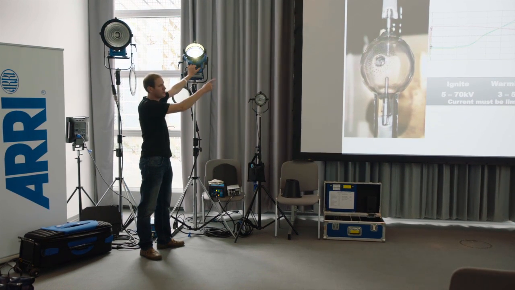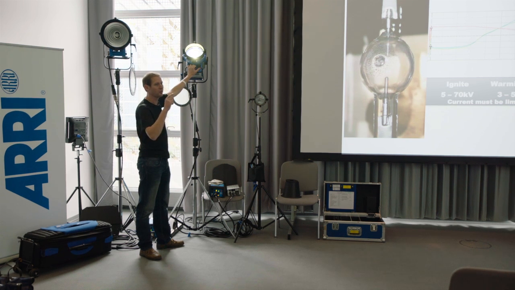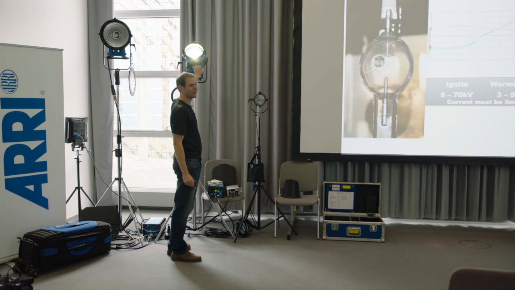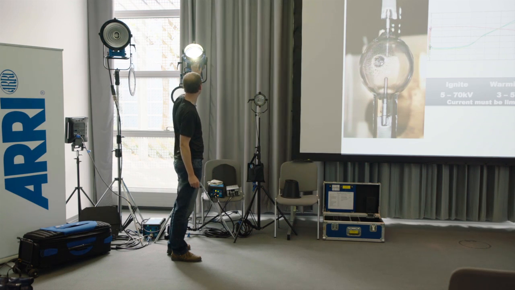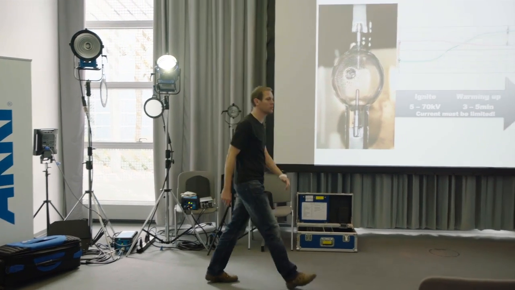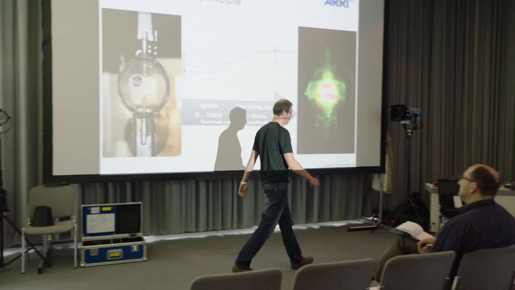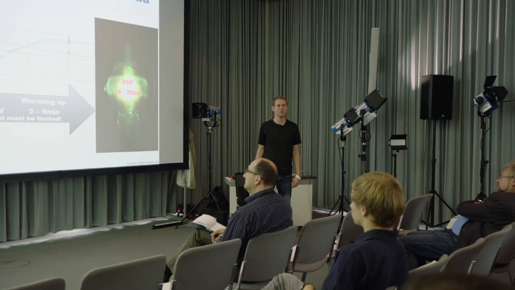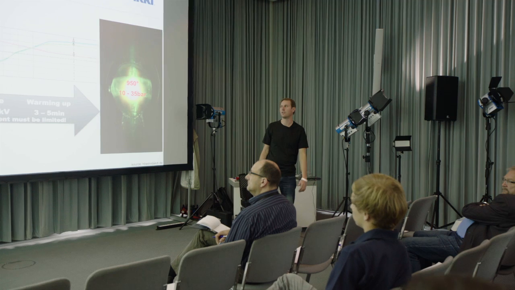As I said, if we talk about daylight, 12 times more efficient than tungsten. So this small unit you could compare to nearly a 10K tungsten, if we talk about daylight.